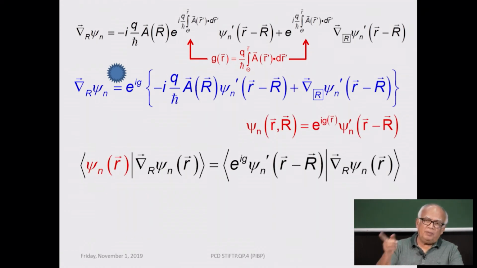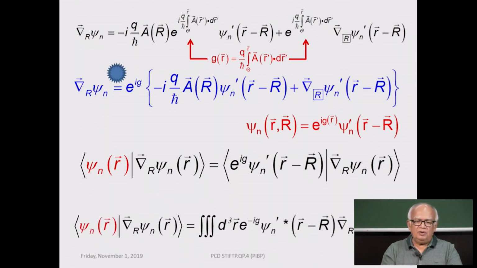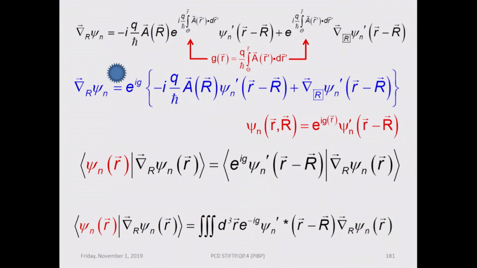And now what goes into the Berry phase is the integral of an integrand, and that integrand involves this inner product. So you need the projection of this gradient of psi on psi n. In other words, you have to determine this integral. I have written it in the Dirac notation and now in the usual de Broglie-Schrodinger notation, okay, so that we know what is it that we have to integrate. And in the de Broglie-Schrodinger equation, we have got the complex conjugates.